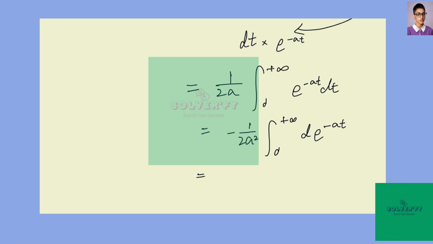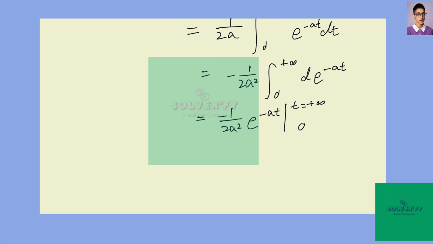Right, so it will be minus 1 divided by 2a squared e to the power minus at, evaluated at positive infinity and 0. And this is actually equal to 1 over 2a squared.